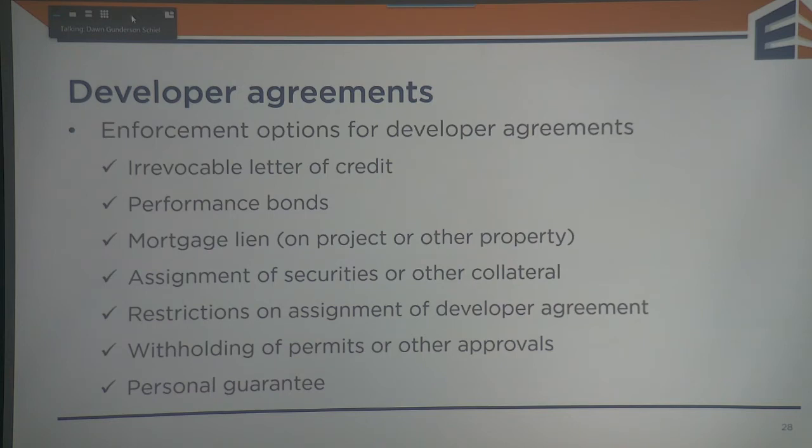You certainly have the ability to withhold permits or other approvals over their head. And the last one is a personal guarantee. While these are done, they probably are the hardest thing to go after if there is a default on an agreement. So just some things that we wanted to point out that give you some thought and ammunition as you draft your developer's agreements.